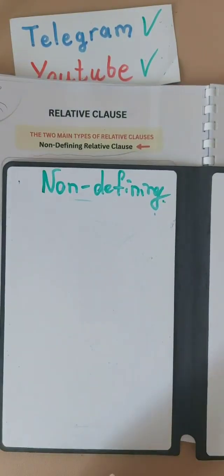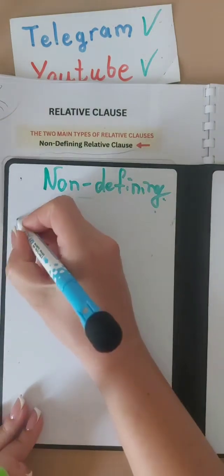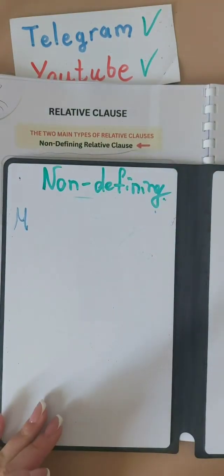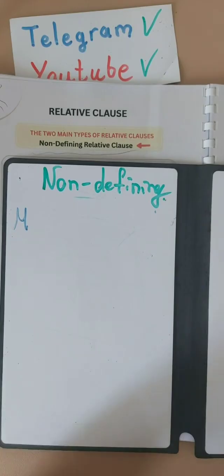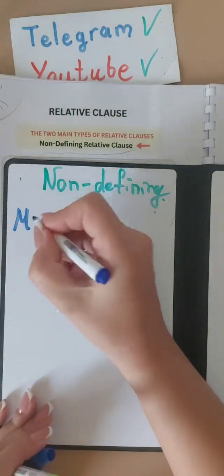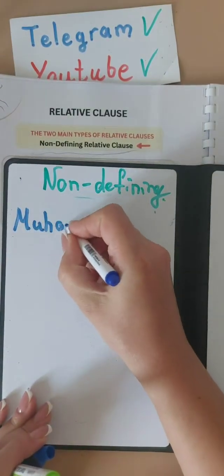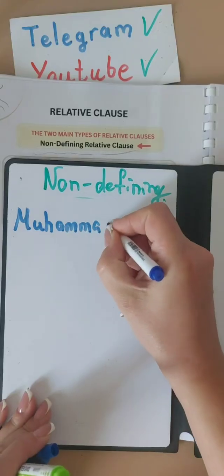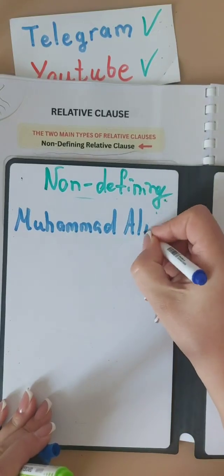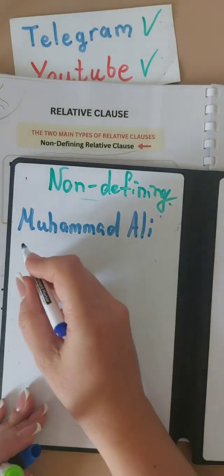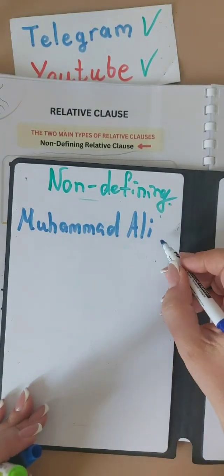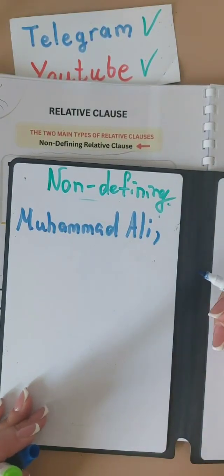Another example. Muhammad Ali, famous person, comma, okay?